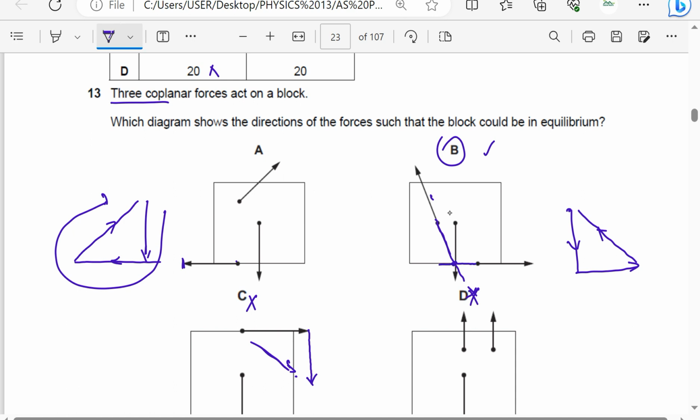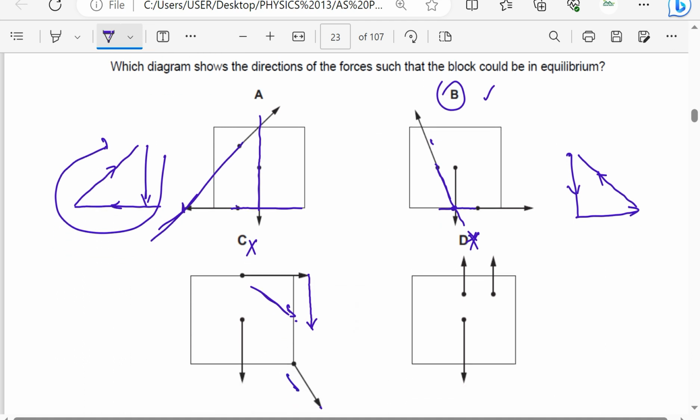If they meet, then that means they are in equilibrium. If I take this one longer and prolong this, these ones will not meet at the same point. So these ones are not going to give us equilibrium. The other way to look at it is by prolonging this vector. If they meet at the same point, that means they're acting on a body in equilibrium.